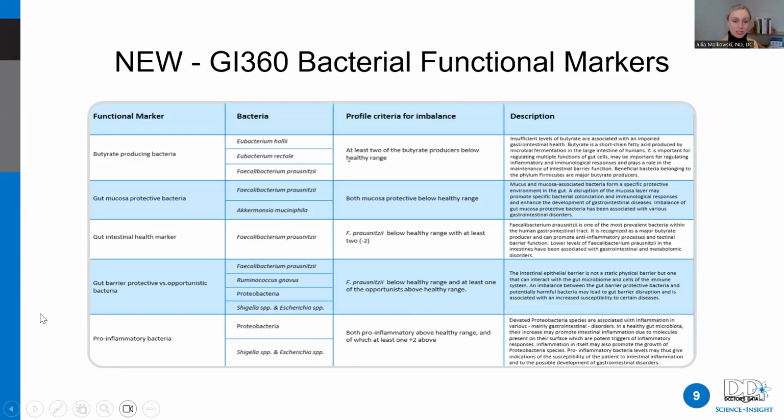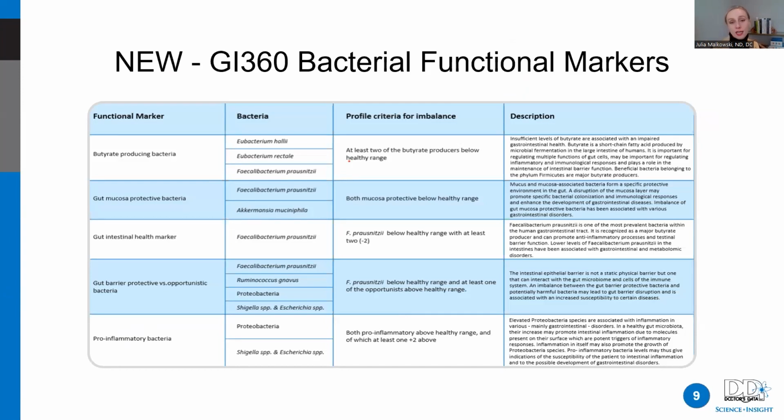Now, the next piece of information we will talk about is going to be the functional guilds represented on page 1. When you see the key findings on page 1, there will be 2 columns. The first column is going to be this information here. Again, with GI360, there's a lot of bacteria that are included in there. And this is excellent information that it will be computed into those algorithmic scores of dysbiosis and diversity.